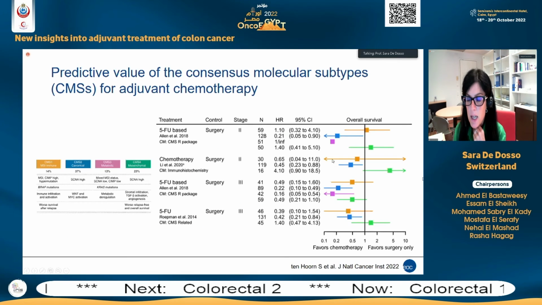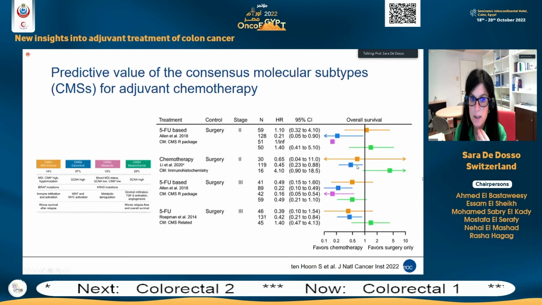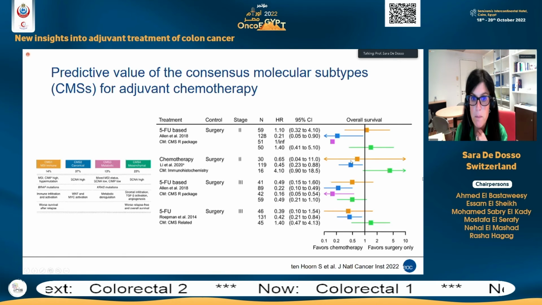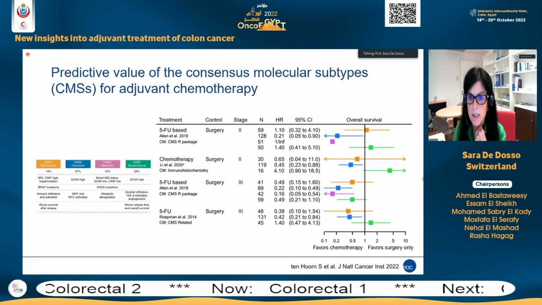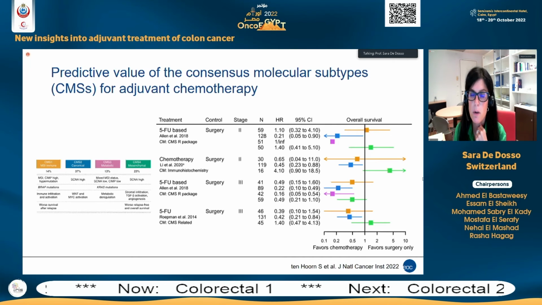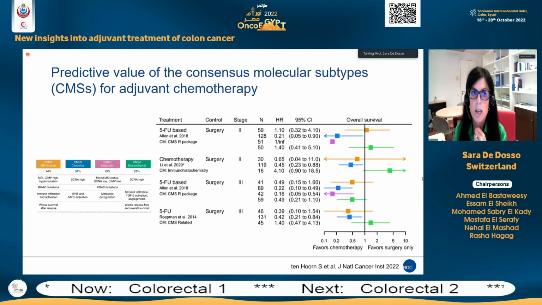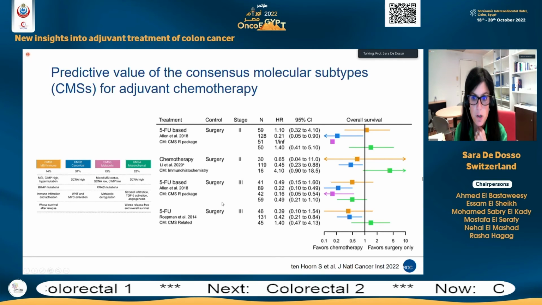You can see a pooled analysis of 4 main retrospective studies analyzing this particular tool, the 4 CMS classification.